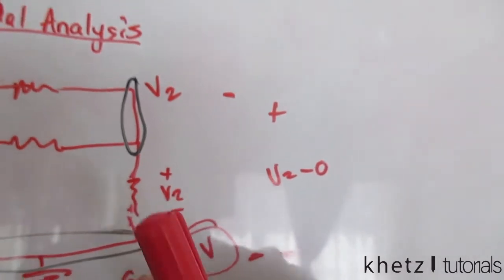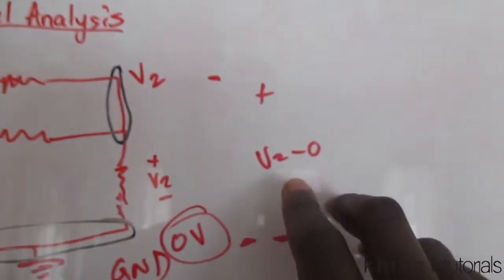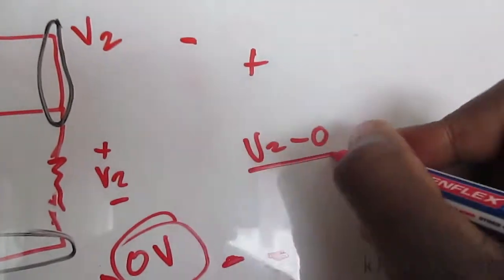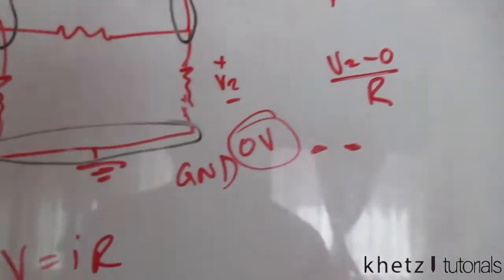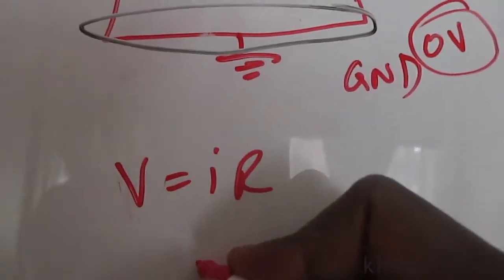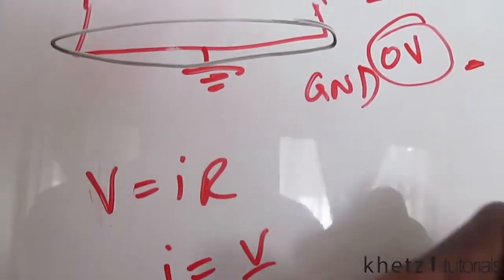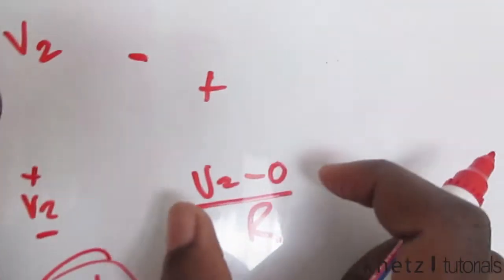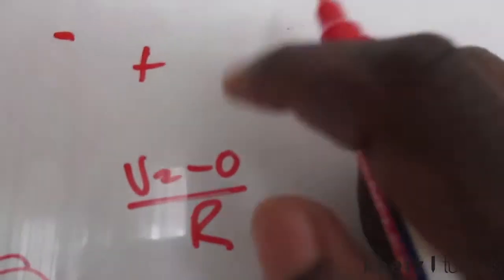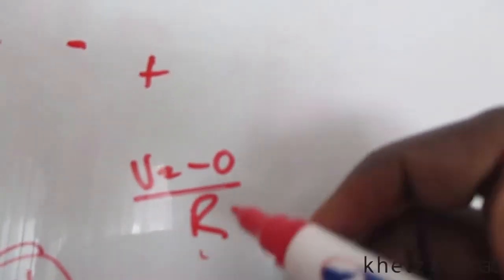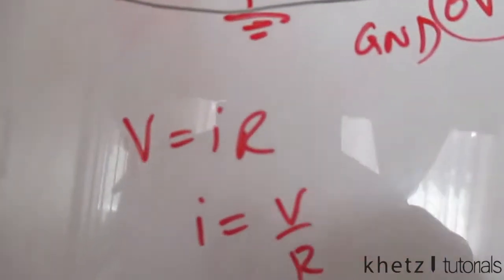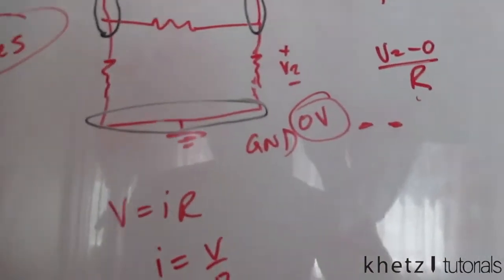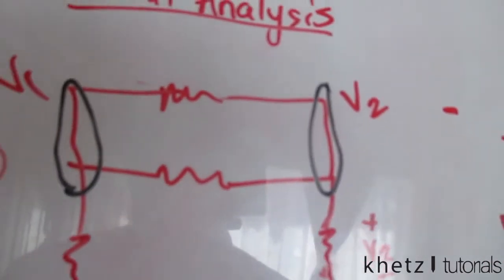So now in nodal analysis, this is what we do. We say from one node to the other node and then divide it by a resistor value, which is in keeping with Ohm's law, which says I equals V over R. So all of this becomes a current, because you're dividing the voltage across the resistor R by R. So I equals V over R. So moving along, let's label all of these.